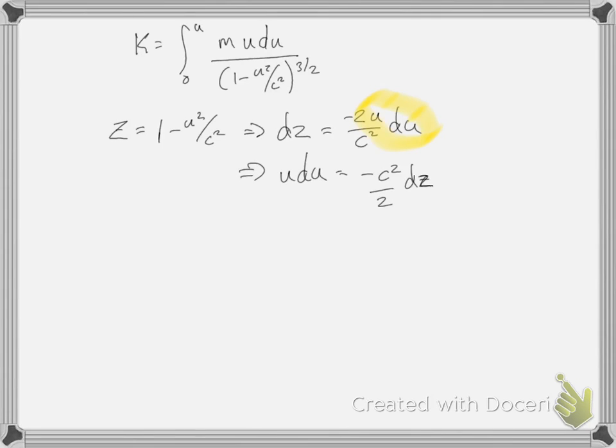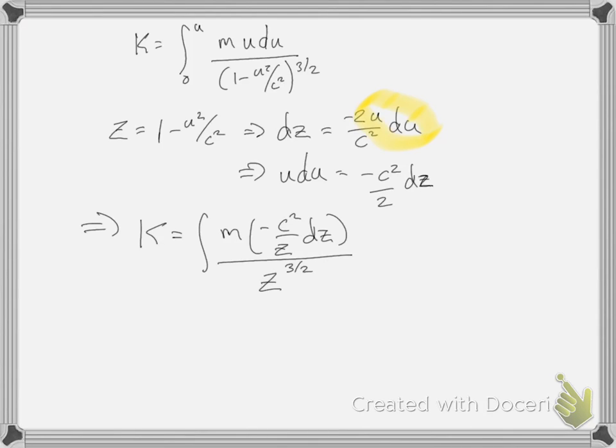Let's try to make my z's look like z's. Now I'm going to do all that substitution, so that K, on top we've got a u du, let's think about limits later, which is now minus c squared over 2 dz, and on the bottom, I've simply got z to the 3/2.